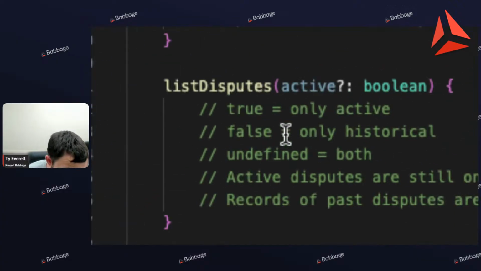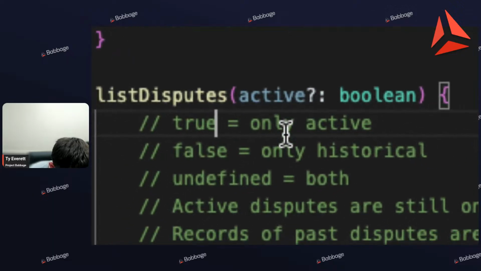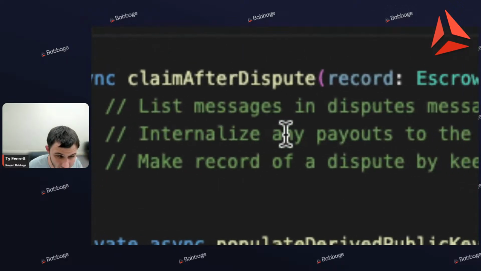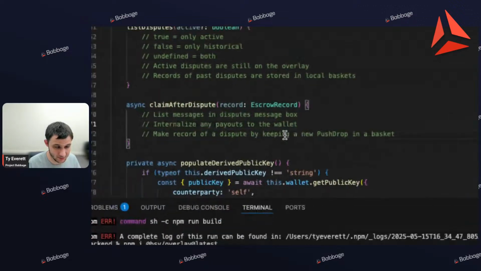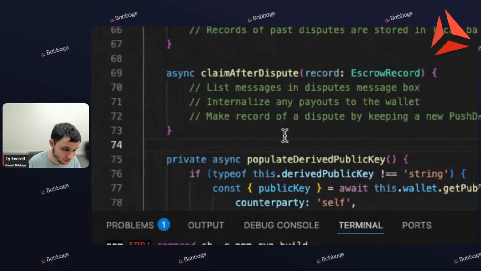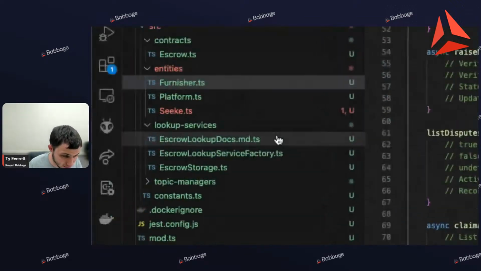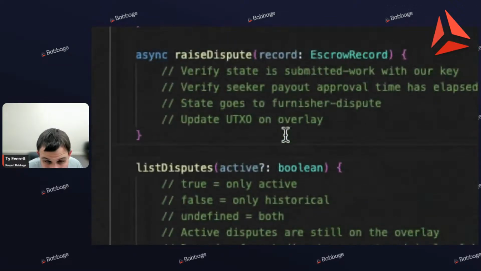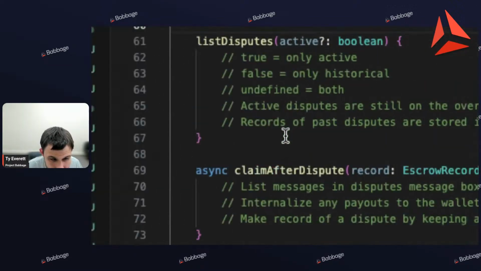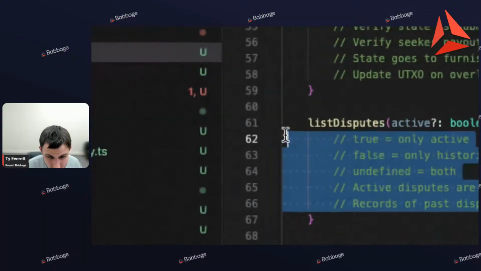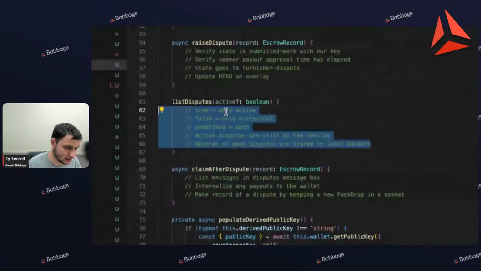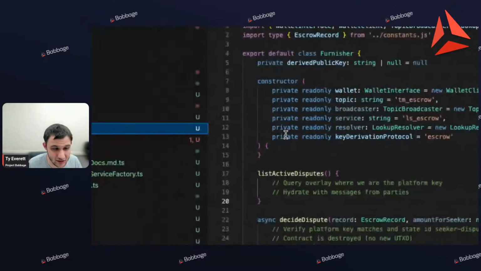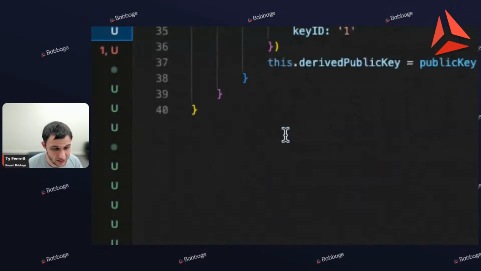So now we have the same way to list disputes and claim after dispute across both of those. And then we need some comments in the other one to re-architect that properly. All right, so the architecture is complete, largely. Okay, so we just need to have a way to get things out of the basket here.